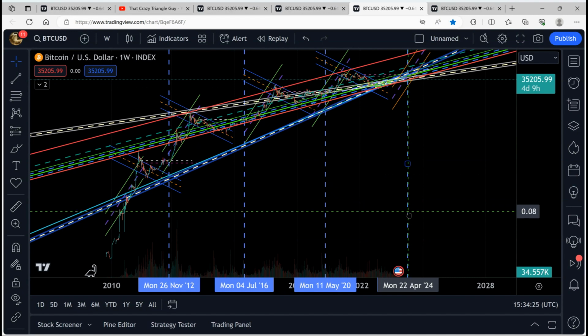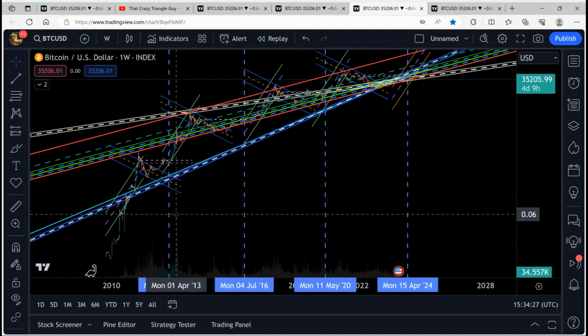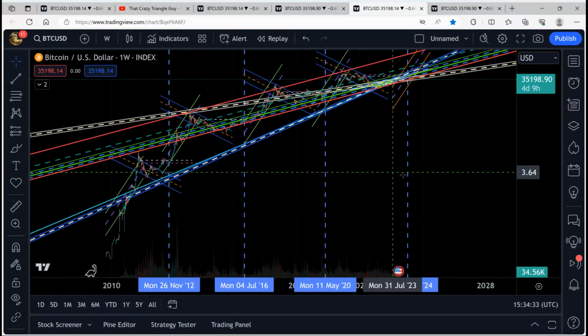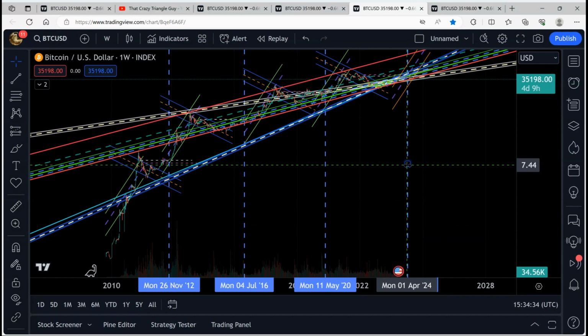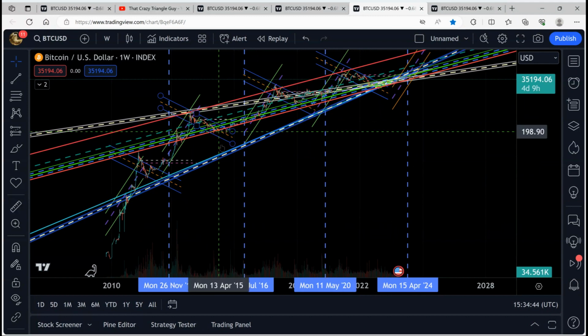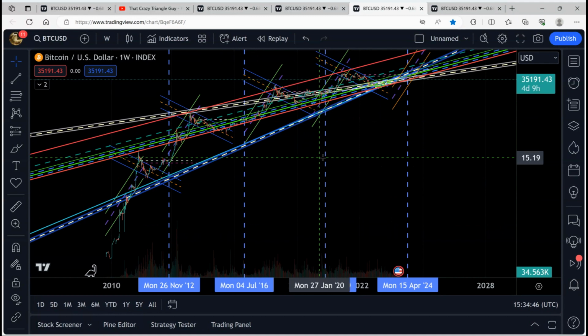Here, these blue vertical lines represent the Bitcoin halving events. And this one is estimated around mid-April of 2024. Now, of note, these are not 4 years apart.